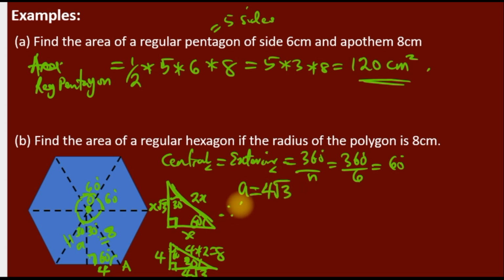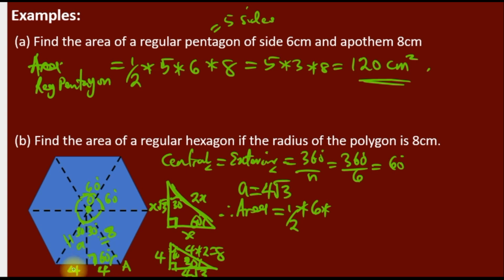Fast. Therefore, the area of the regular hexagon is half times the perimeter. What's the perimeter? 6 sides times each side.